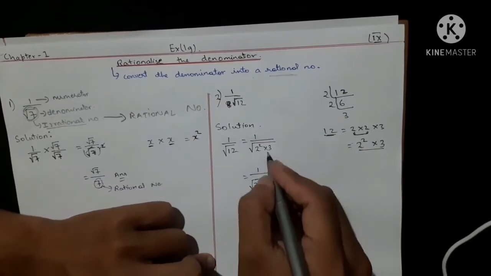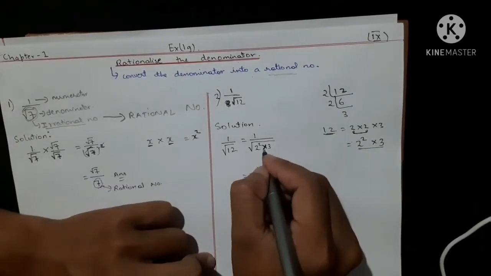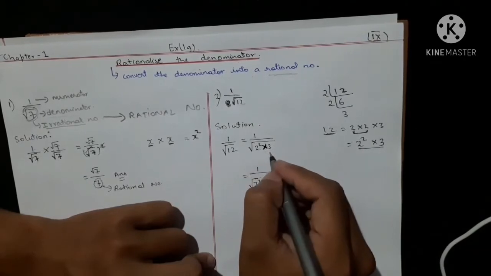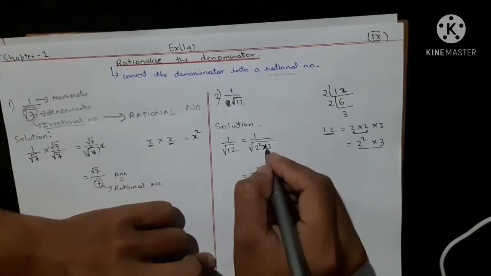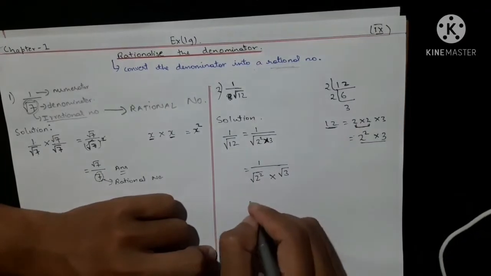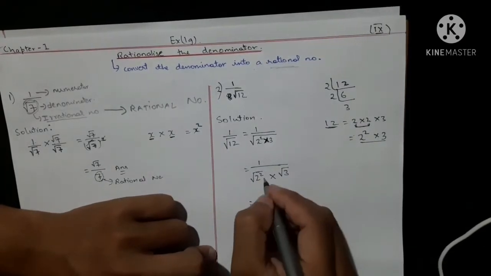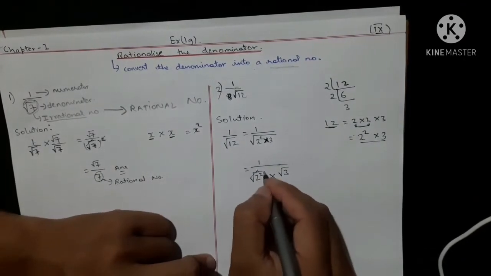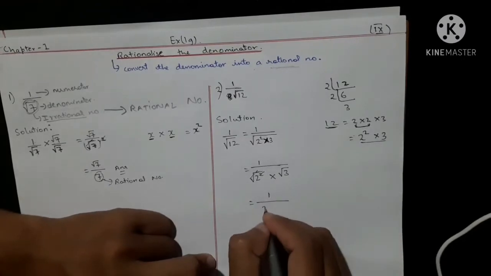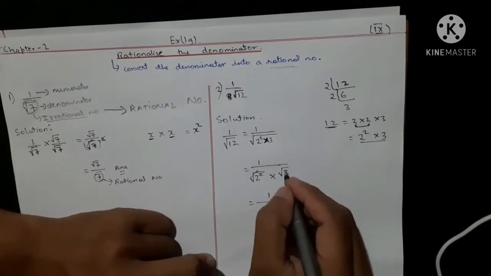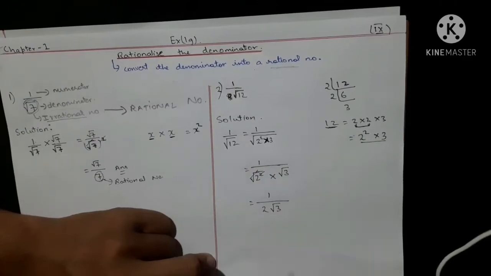Now remember, we can separate them only if this is a multiply. If this is a plus or minus, we cannot separate them. So equals 1 by, again, square root and square get cancelled. So this becomes 2. 2 multiply square root 3 is 2 square root 3.